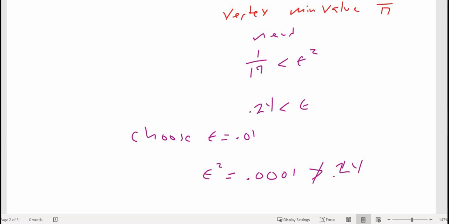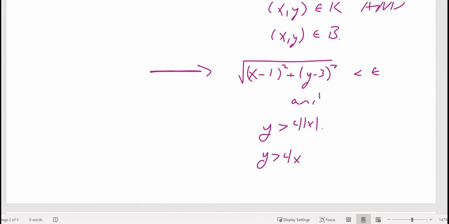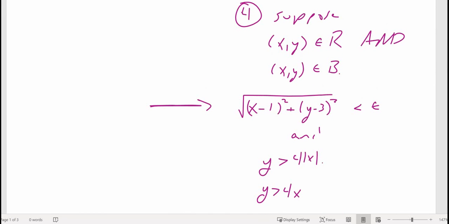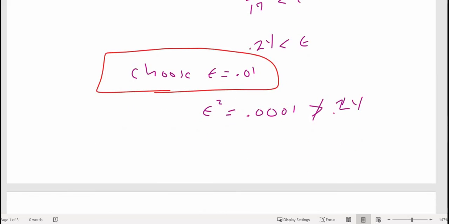I could pick anything I want for epsilon. And it's supposed to work for every single one, right? That's what it means to be inside of this. And I should have written, this is for every epsilon. If it's going to be in both of them, it has to work for any radius.